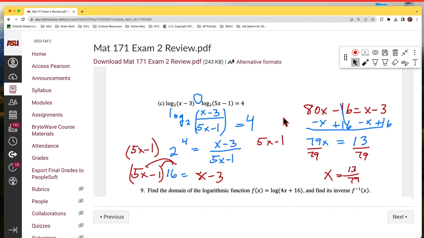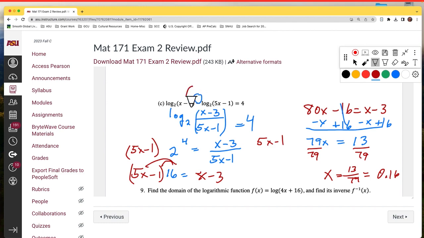But let's take 13 divided by 79. I come up with 0.16. What you always need to do on these ones is come back to the original and plug it back in.